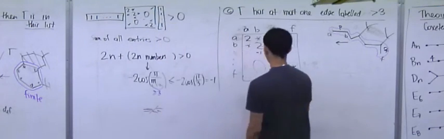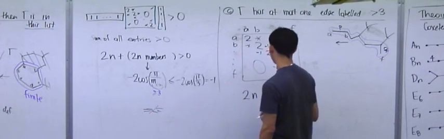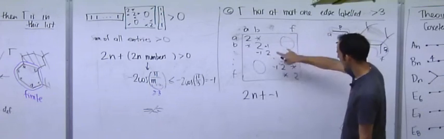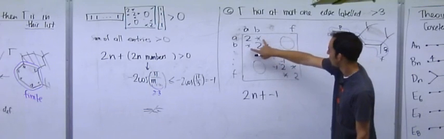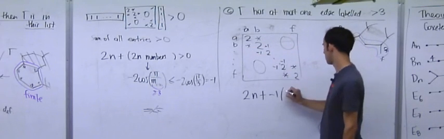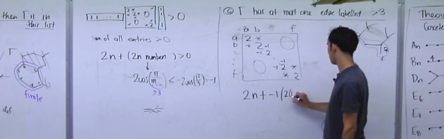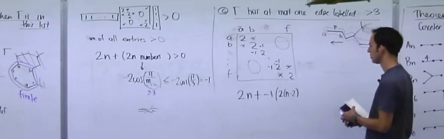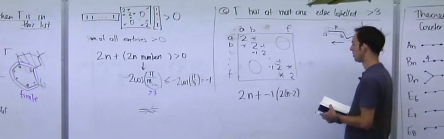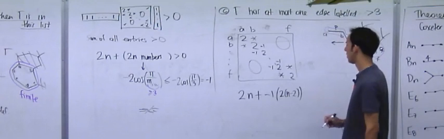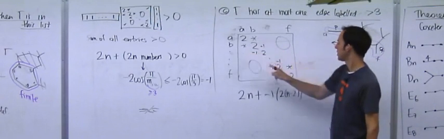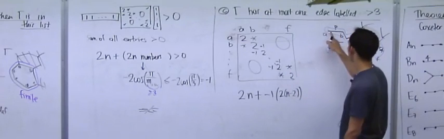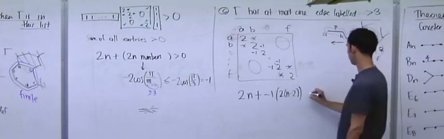And now I add up all of these numbers. So I have, again, 2 n times. Then I have minus 1 how many times? Well, I guess there's 2n minus 2 times. And then I have to add up these 4 entries, which actually I know what they are, because they're just cosine of pi over p twice.